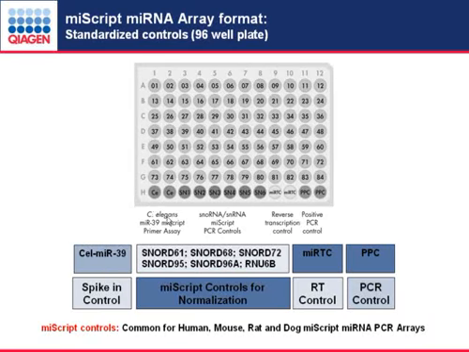The first 2 wells are for the C. elegans miR39 microScript primer assay, and this is used as a spike-in control in conjunction with a serum and plasma supplementary protocol. The next 6 wells contain the microScript controls for normalization, and the final 4 wells contain the miRTC and the PPC, which are used to assess reverse transcription efficiency and PCR efficiency, respectively.